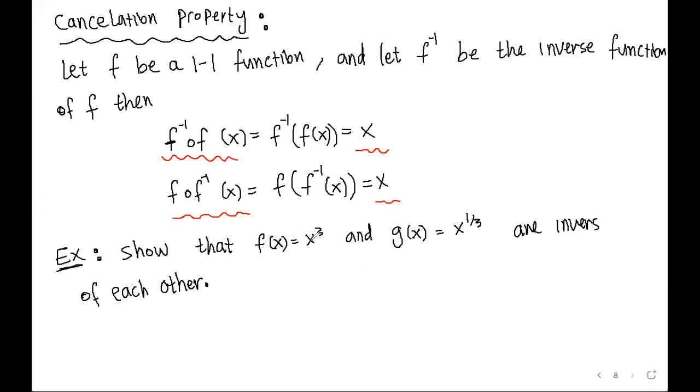So how can we check? By using this property. If f circle g of x gives me x, and g circle f of x gives me x, this means this function and this function are inverse to each other. Next time we're going to solve this example.